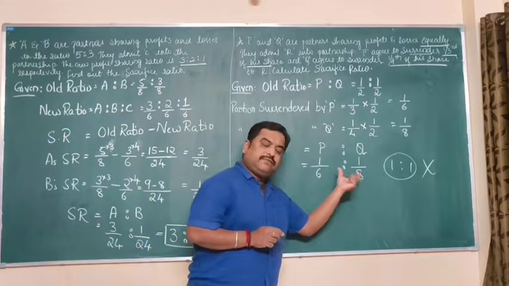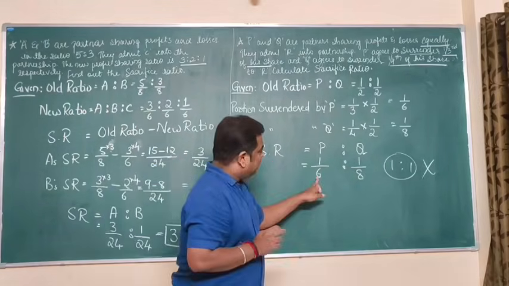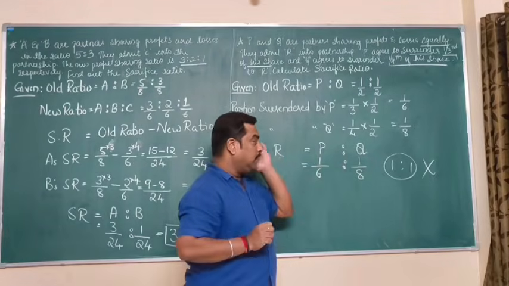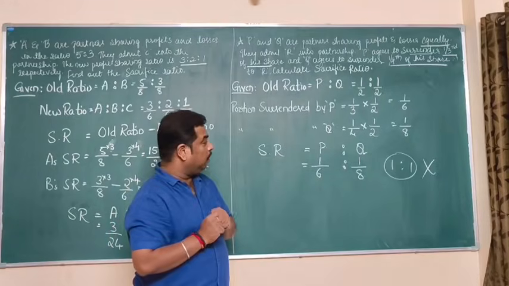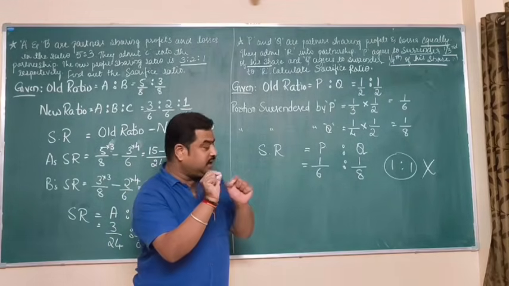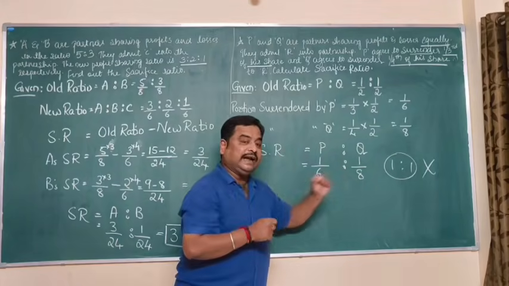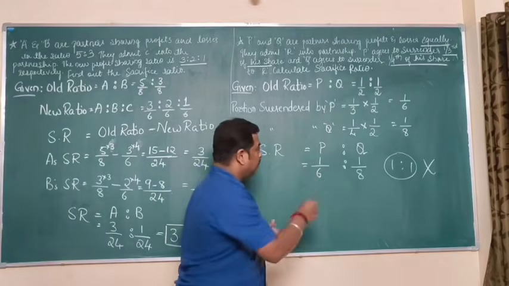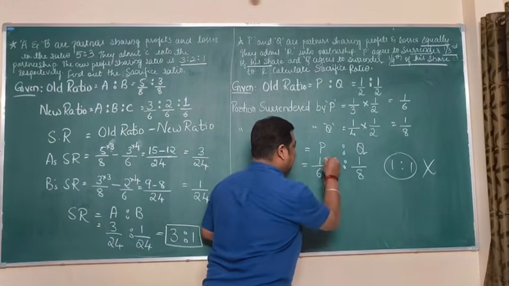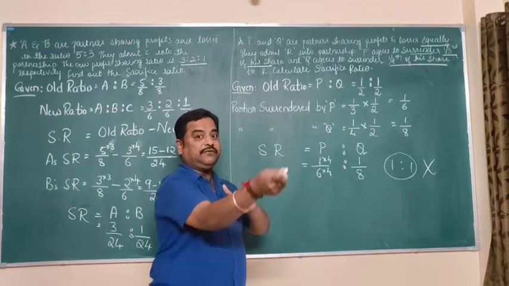When denominators are different, what did I tell you? Make them common. Can we make 6 as 8? No. Can we make 8 as 6? Impossible. So what we can do? Choose a common number which is divisible or which is in the multiplication of both 6 and 8. I can say 24 is common. So 6 4s are 24, into 4 into 4. So I am making 6 as 24 now.